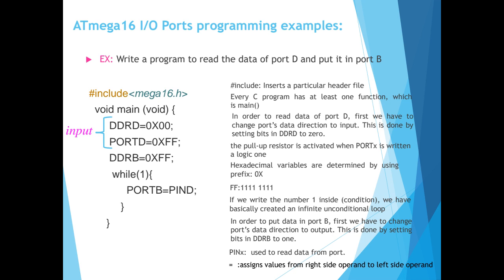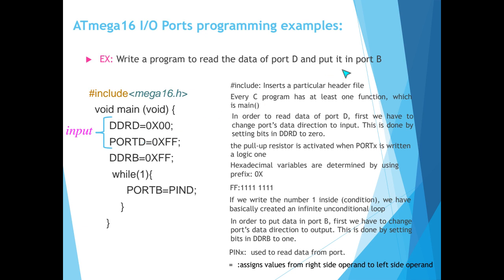As I said, at first we configured port D as input because we want to read its data. Then we activated its pull-up register by using the PORT D register.